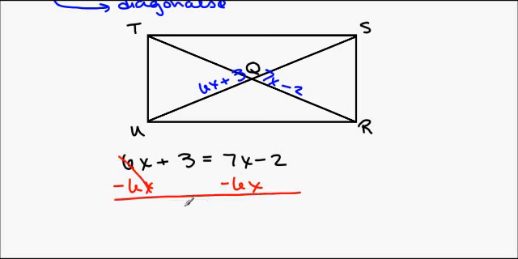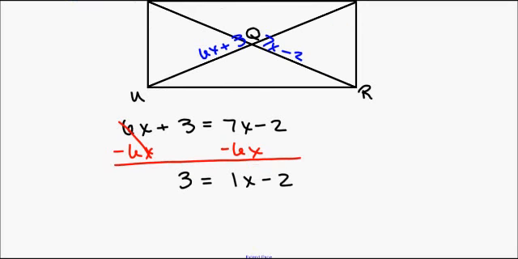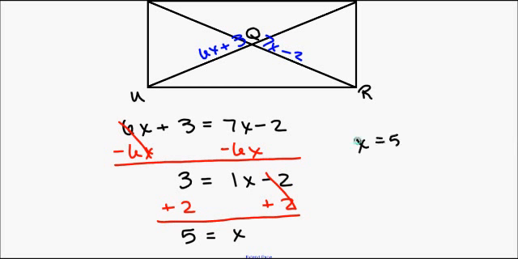And on the left side, I'm left with 3 equals 7 minus 6 is 1x minus 2. Now to get the x by itself, I need to move the 2 to the opposite side. Opposite of subtraction is addition. So we get my 1x, or x, equals 5.